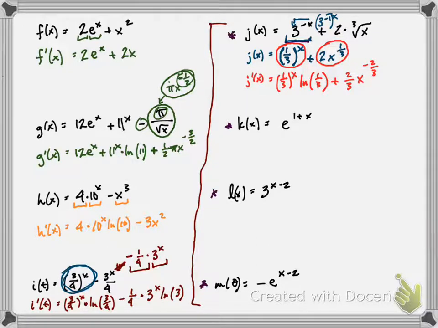K of x, again, you're going to want to rewrite here. If k of x is e to the 1 plus x, that's the same as e to the 1 times e to the x. So there's going to be a lot of manipulation that needs to continue in these next couple of lessons, these shortcut rule lessons as well.